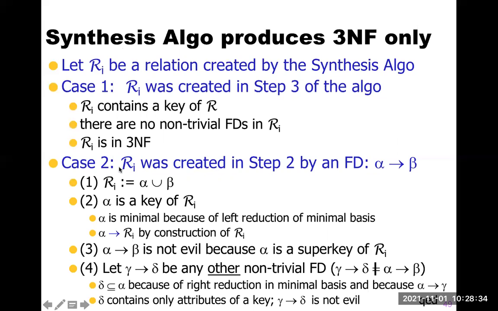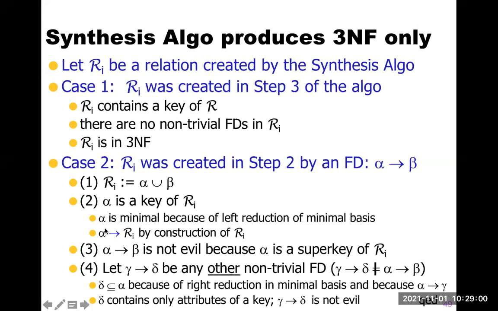And if a table is created from a functional dependency, it consists of all the columns. The left part is a key of this table, and that key is minimal due to the minimal basis computation process. Essentially, that process creates minimal left parts and minimal right parts too.